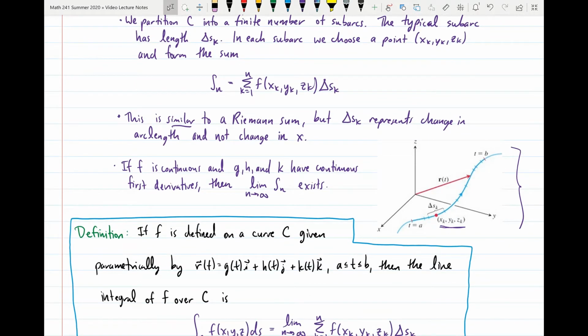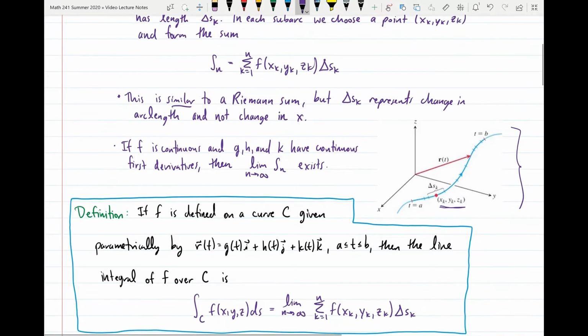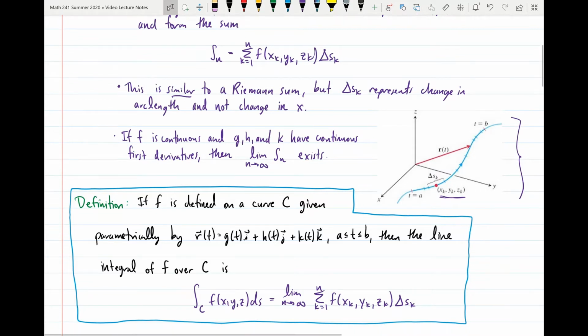And again, this is similar to a Riemann sum, but delta s sub k represents the change in arc length as opposed to the change in x, like we would see in Calculus 1, where we're integrating over just an interval from a to b.